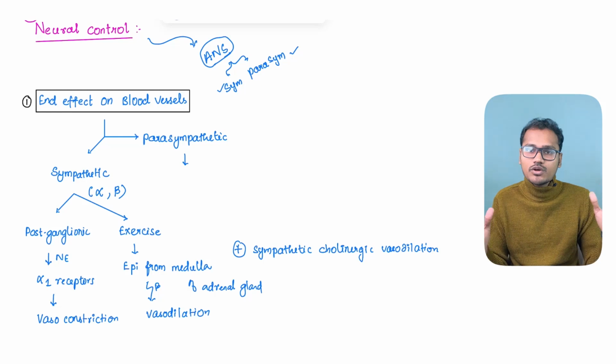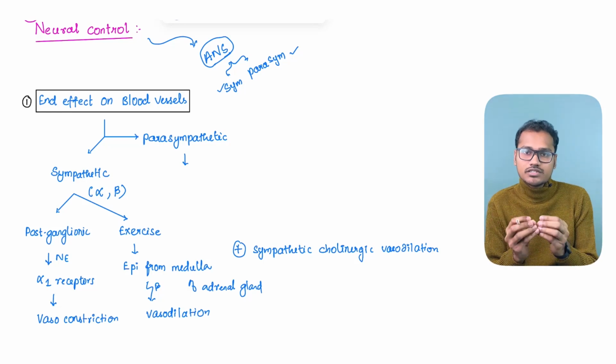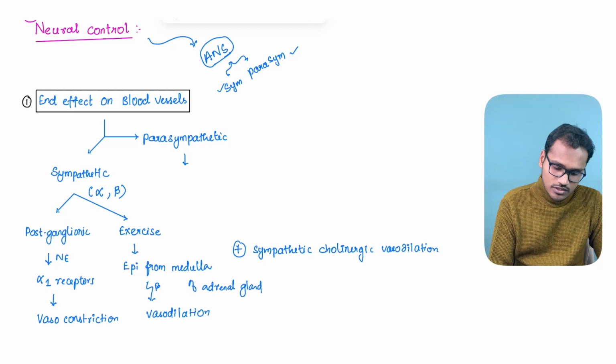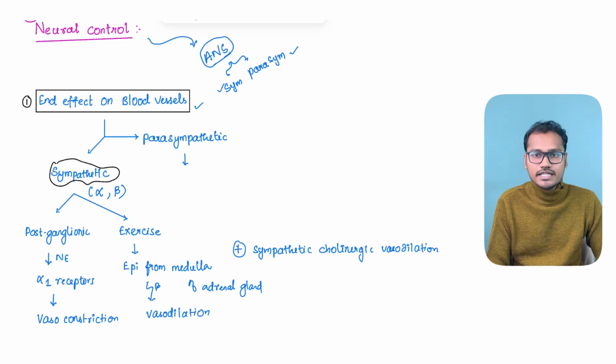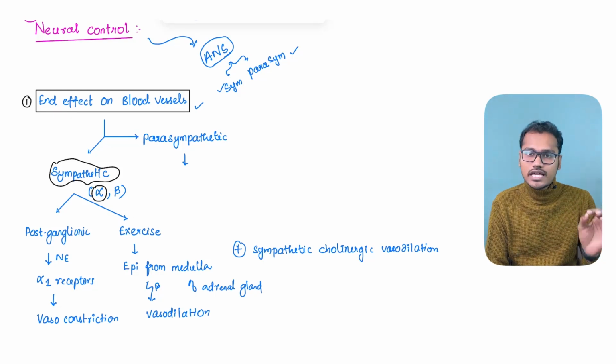Sympathetic means whenever you are in stress or in any emergency situation, the sympathetic activity will kick in. And if you are in a relaxed state, the parasympathetic activity will kick in. What is the effect of the sympathetic and parasympathetic systems on the blood vessels? The sympathetic system acts on the blood vessels through different receptors, alpha and beta.